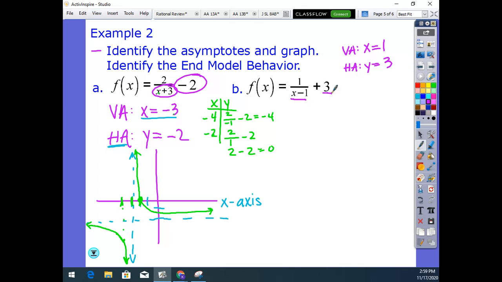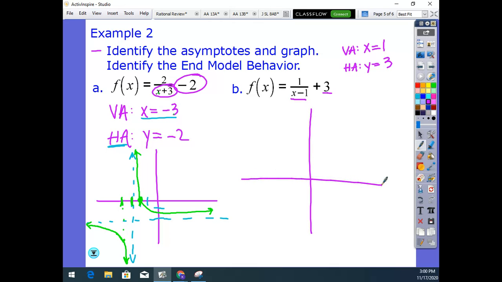Okay, I'm going to erase this table, make a little bit more room. Okay, now I'm going to graph my asymptotes. So where is x equal to 1? Right here. Where does y equal 3? Right here.